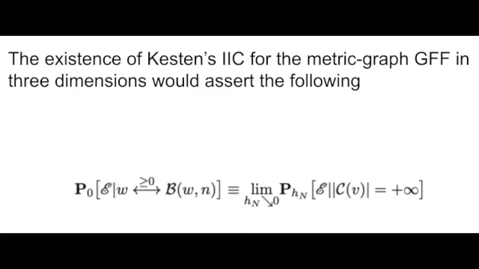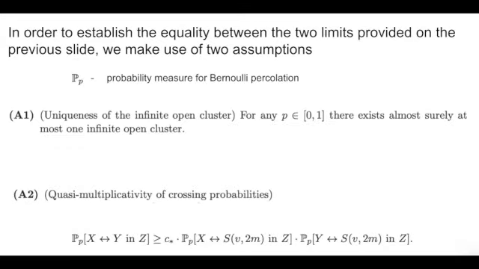And so, in order to establish the equality between the two limits provided in the previous slides, we have to make use of the following assumptions. For one, we're just going to state the assumptions first in the simplest case for Bernoulli percolation, and then we can draw the listener's attention to the upcoming paper in which more of the details are provided.